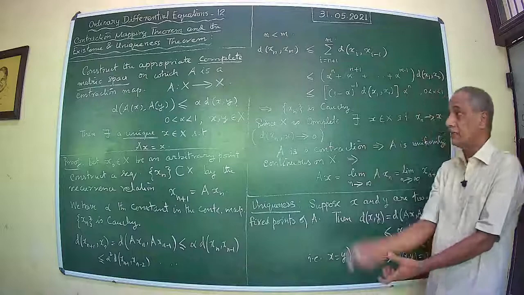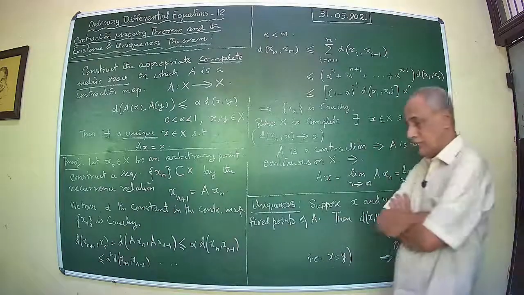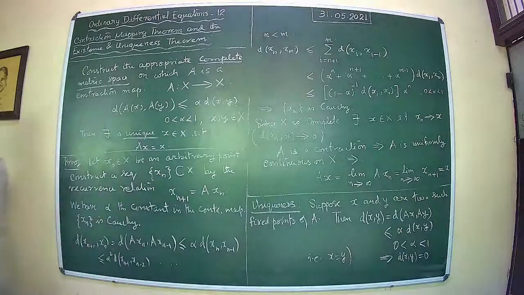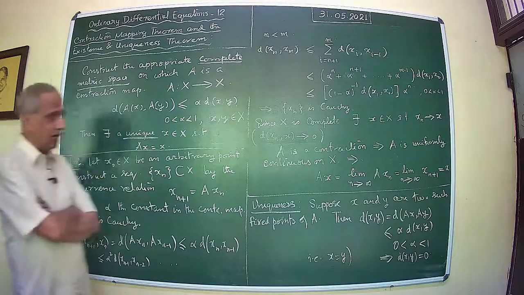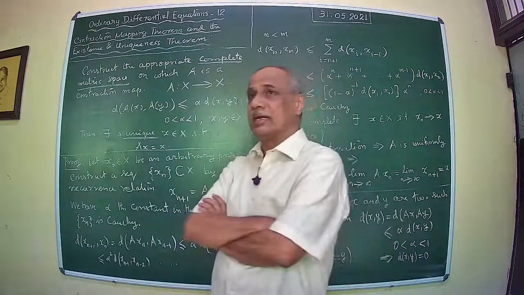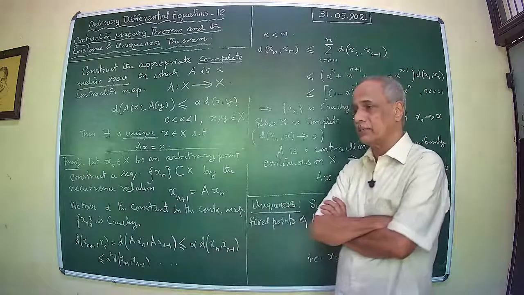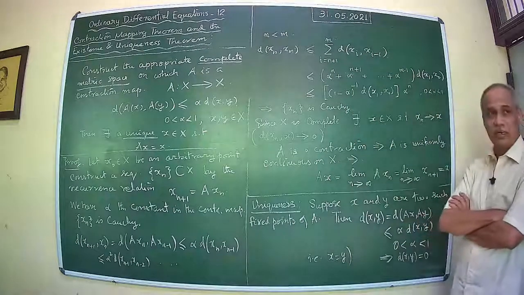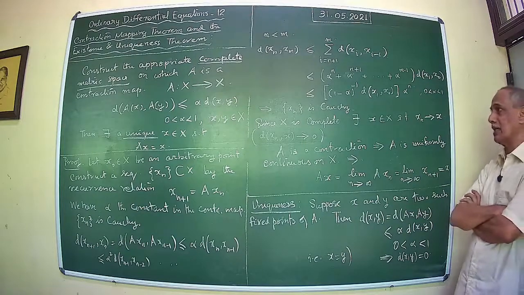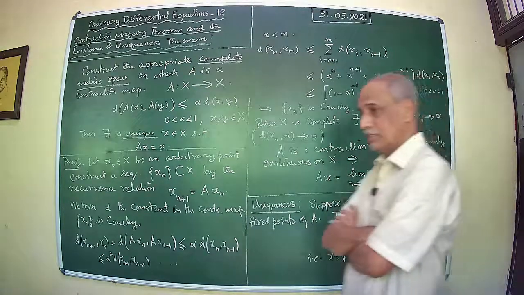And in fact, the first problem that I gave earlier, about the zeros of a function, can also be recast into a fixed point problem, and one can use the techniques that are available to solve it.